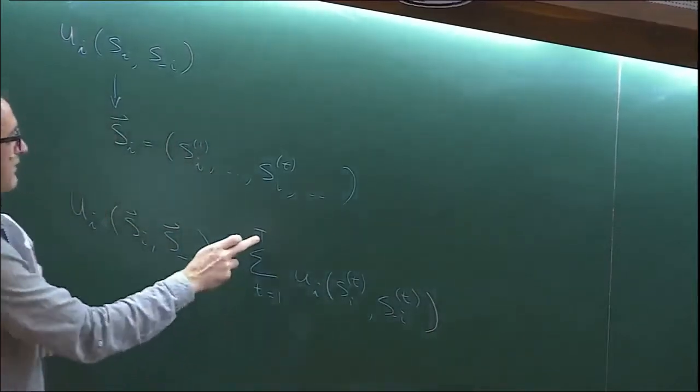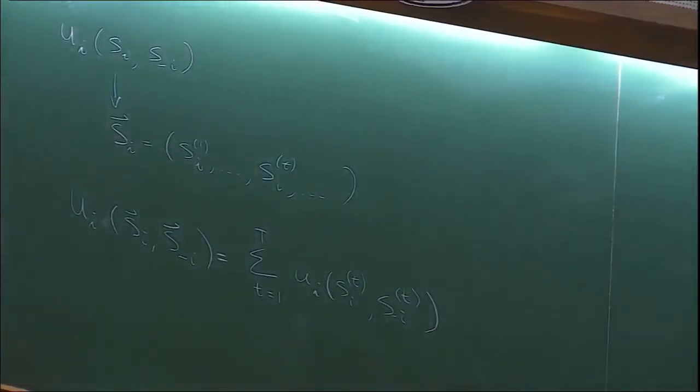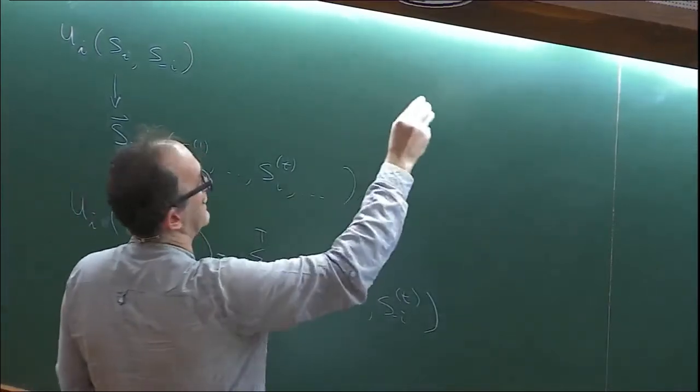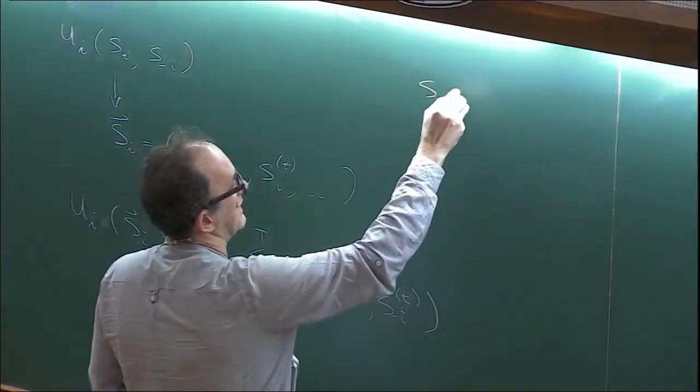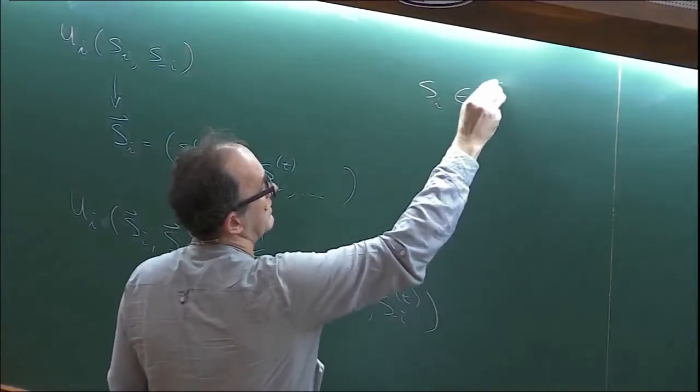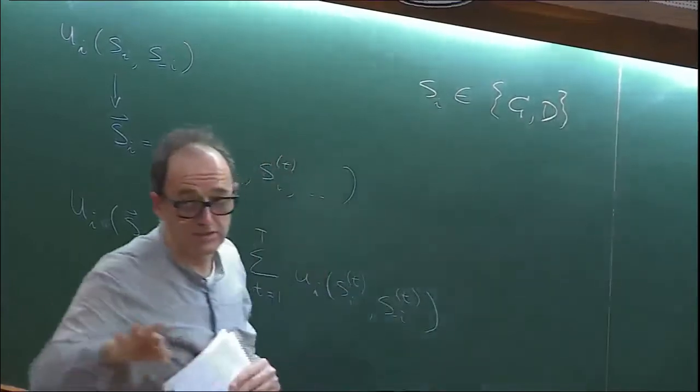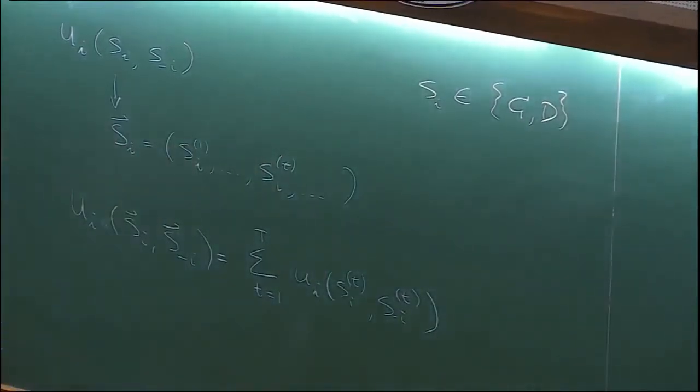Let's first consider the case where the game is repeated a finite number of times, let's say t. Now this problem becomes very complex. Imagine that the strategies of agents are just two, like in the prisoner's dilemma: cooperate or defect. So there are two strategies at each point for every player.